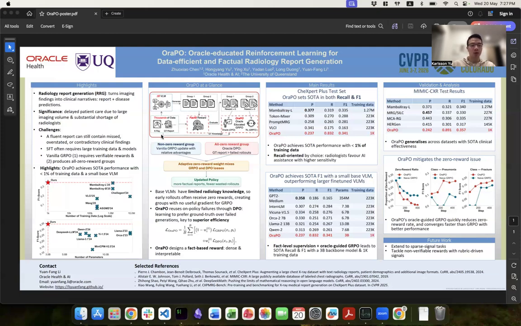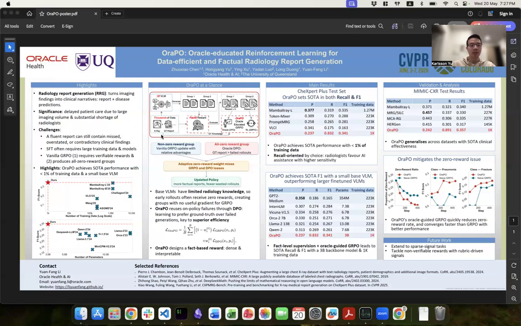Compared with models trained on hundreds of thousands or even millions of samples, OraPO achieves an F1 score of 0.341 and recall almost 84% using only 1,000 training samples. So the key takeaway is we achieve strong clinical effectiveness with dramatically improved data efficiency.